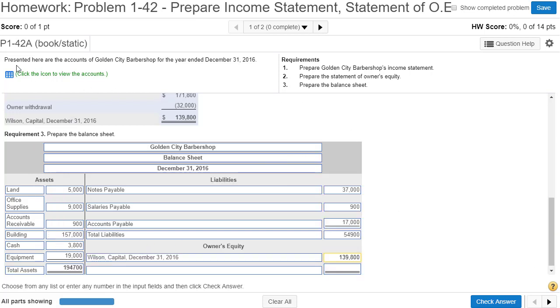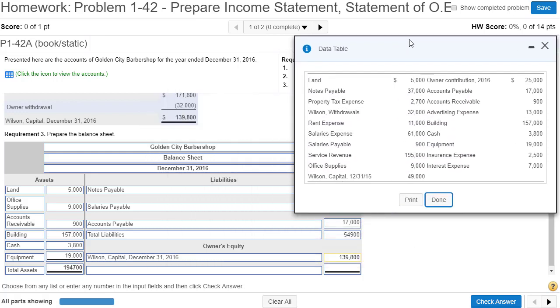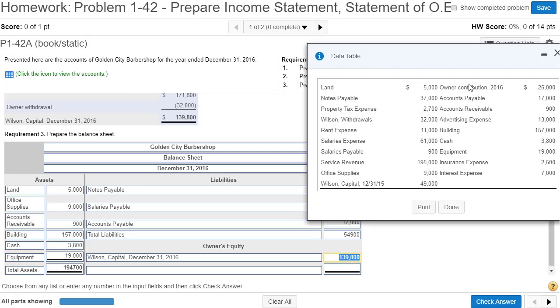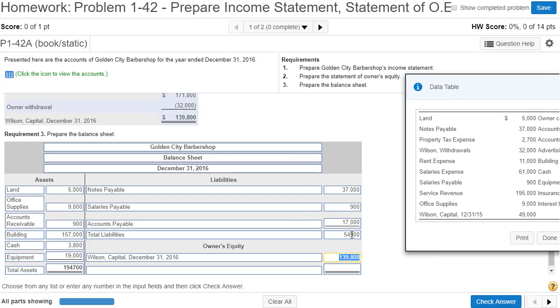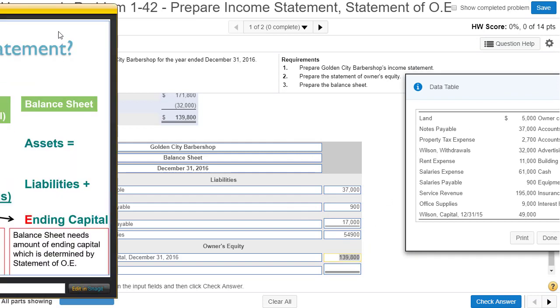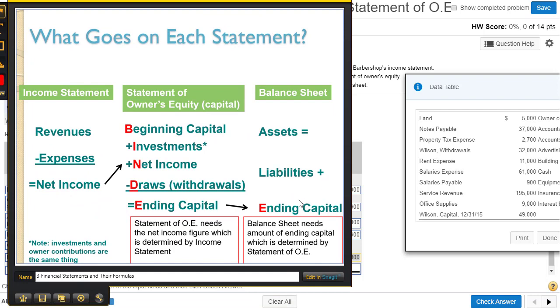Now notice, let me go back to the capital amount that some students incorrectly use. If we had used this $49,000 and put it here, it would turn out that the balance sheet would not balance. And I'll show you. So let's look to see what our new liabilities plus ending capital is.